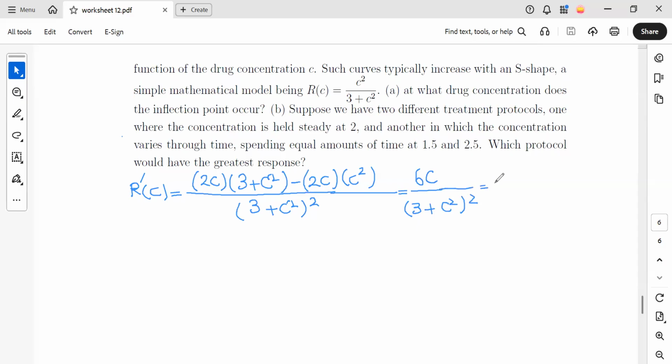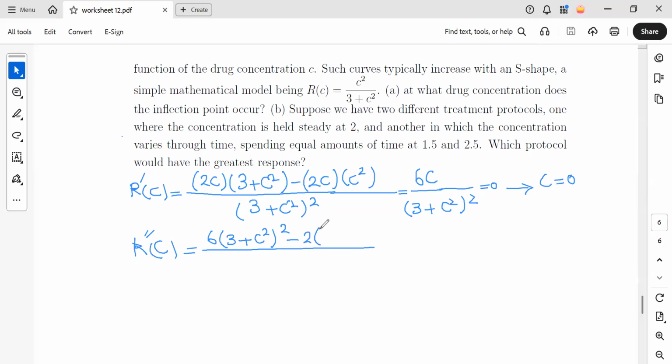And if we set this to 0, it means that 6C will be 0 and C is 0. For R double prime of C, again, we're using the quotient rule. So it will be 6 multiplied by 3 plus C squared, minus the derivative of the denominator, which needs the chain rule.